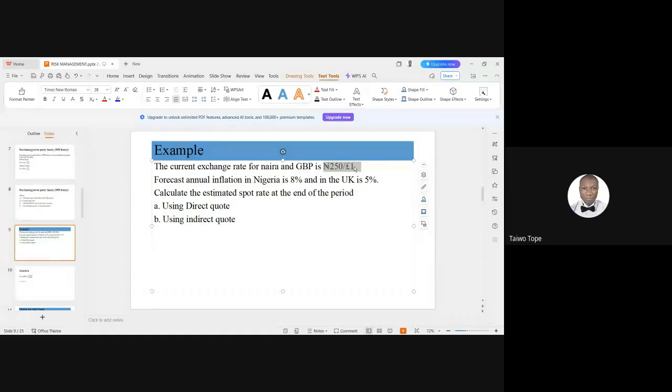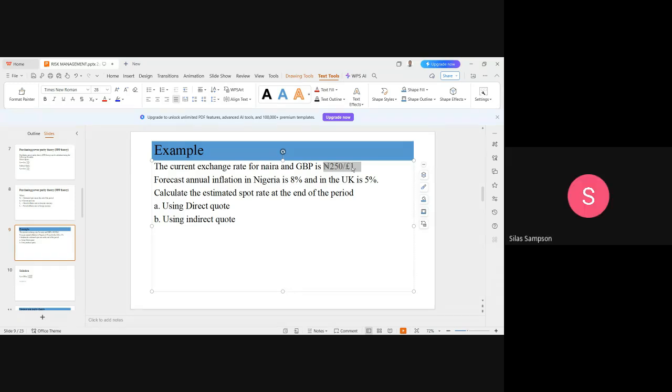The indirect quote of this is a direct quote. We say the indirect quote is the reciprocal, right? So the indirect quote of this, £1 equals 250 naira, will be 1 divided by 250.